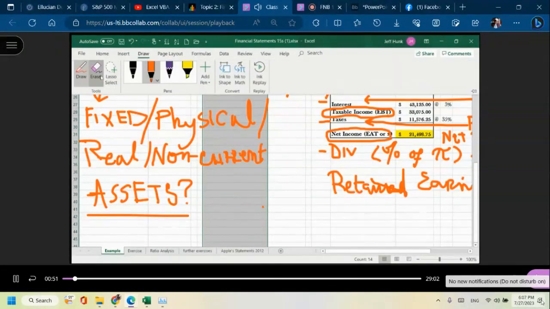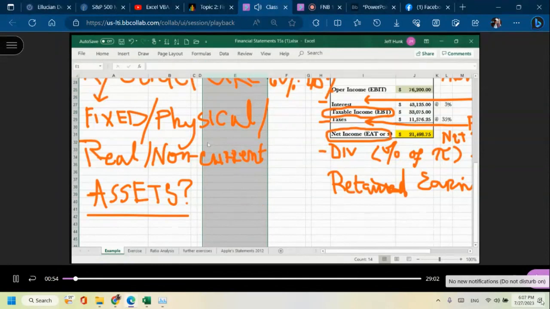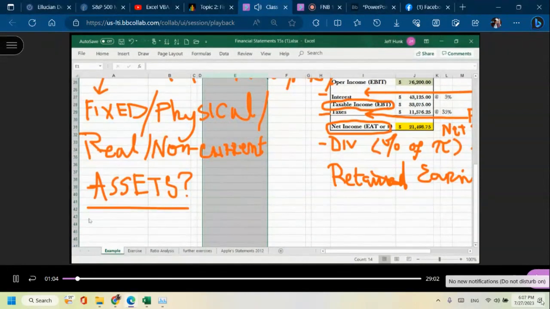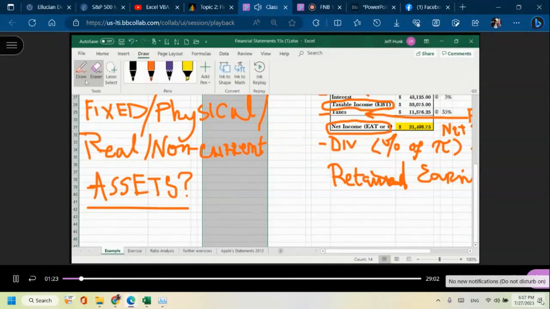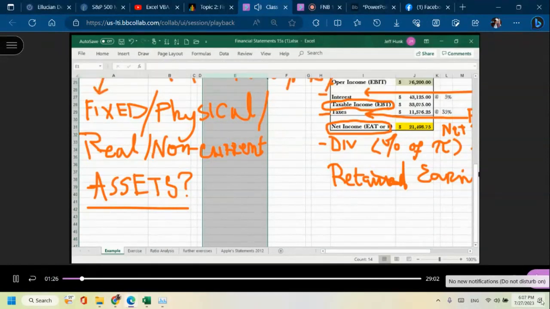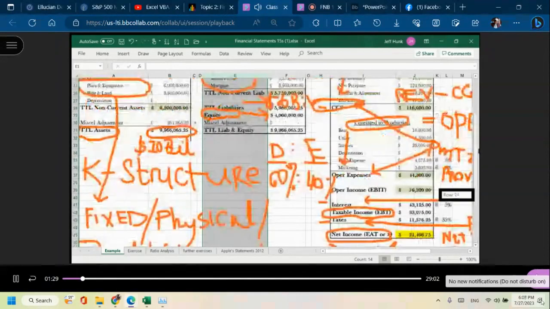Assets can be defined at least on 3 levels, just like liquidity being defined on 3 levels. First, in accounting class, if you've ever taken accounting, assets are defined as what you own, and then liabilities are defined as what you owe.